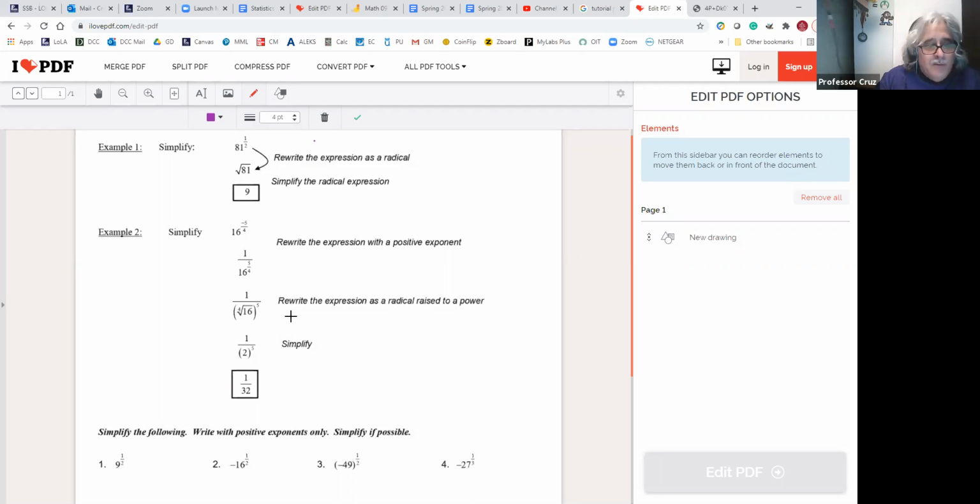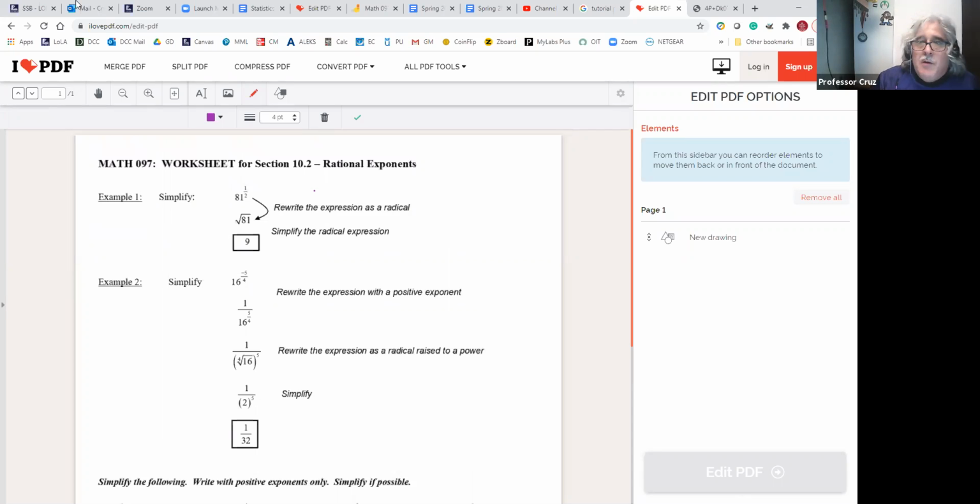And then the 5 comes out to take it to the 5th power once we simplify the 4th root of 16. Thankfully, these problems are made up to come out nice and even. So the 4th root of 16 is 2. And then we take it to the 5th power. 2 times 2 times 2 times 2 times 2 is 32. And so that's simplifying. So that's probably enough for one night.